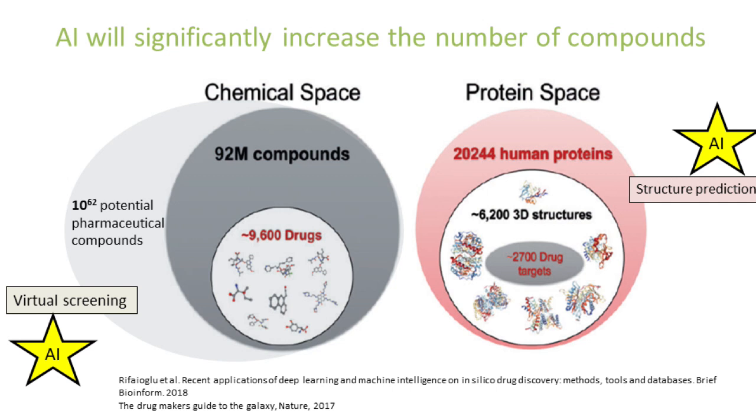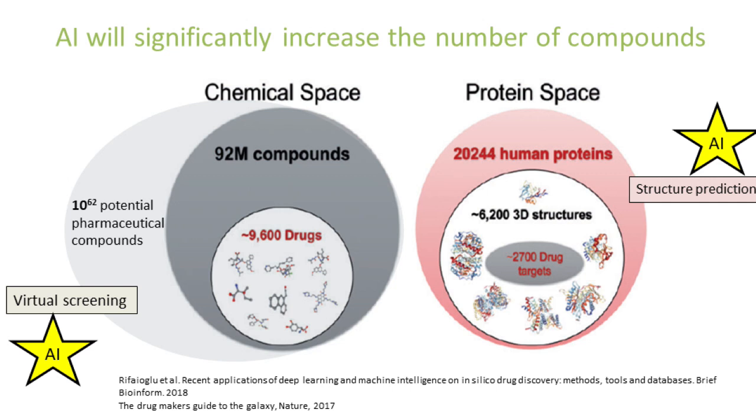And this clearly opens the doors to the analysis and the prediction of the 3D structure of all the proteins in the human body, either the normal ones or even the altered ones that relate to some diseases. So this is for the protein space.